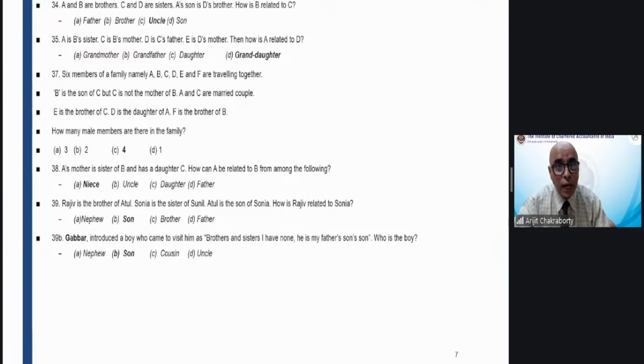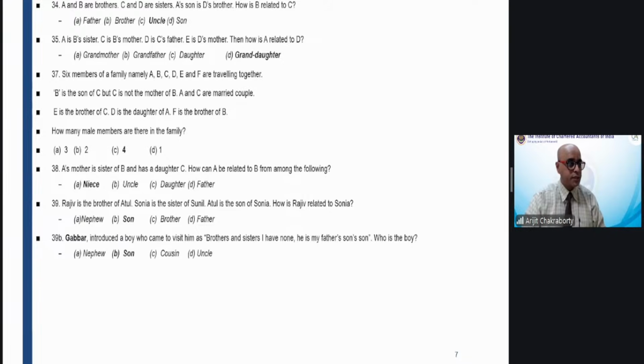That means this child is Gabbar's father's son's son. Gabbar's father's son. लेकिन यहां पे साफ लिखा है गब्बर का कोई भाई बहन नहीं है. That means Gabbar's father's son means Gabbar. So finally, the answer is this boy who has come is basically the son of Gabbar. So option B is the right answer.